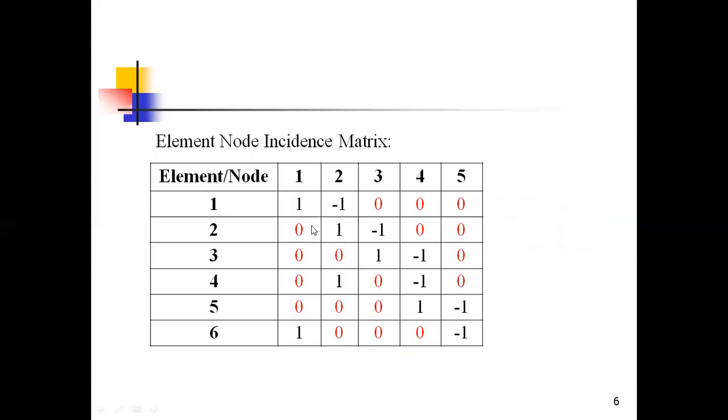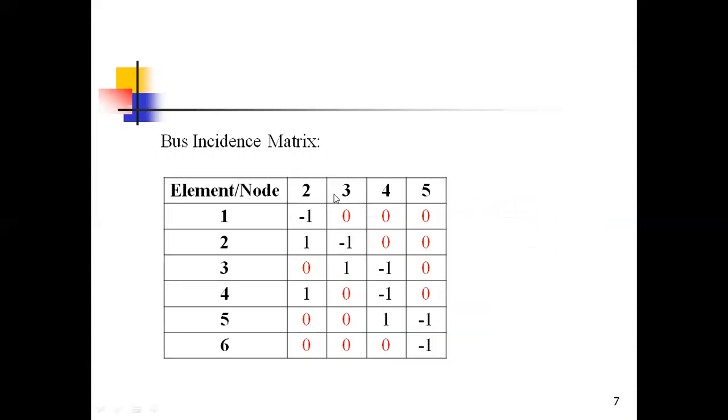Similarly, you can calculate for the other nodes and elements. Now I will remove the column corresponding to the reference node, and then I will get the bus incidence matrix, that is the A matrix, and this matrix we will use for the calculation of Y bus.